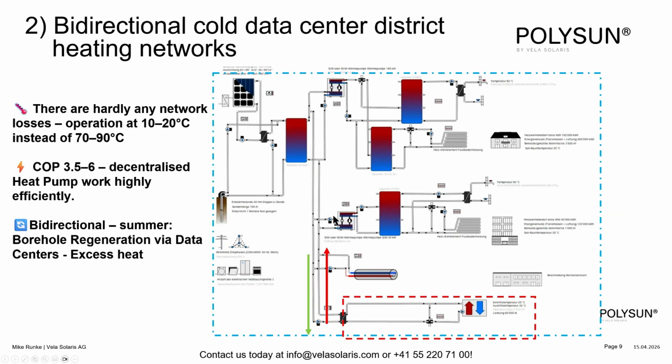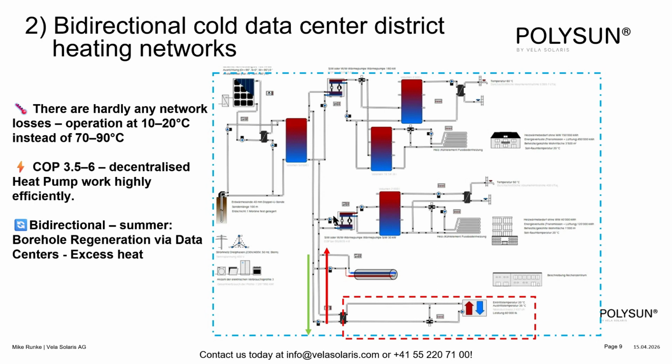Continuing, the second use case is particularly elegant and forward-looking. It's the bidirectional cold district heating network, also known here as AT3B.